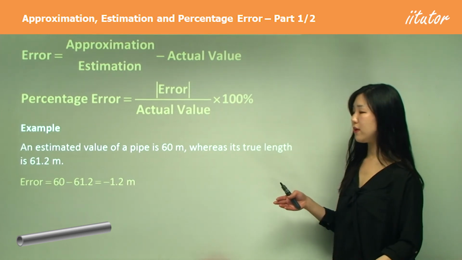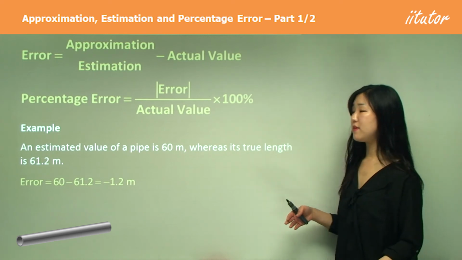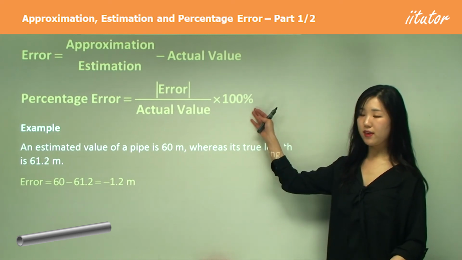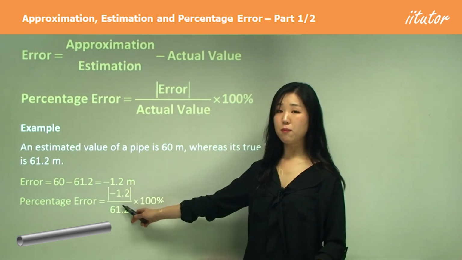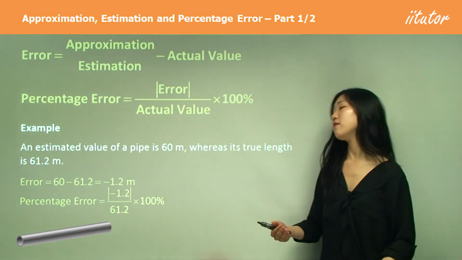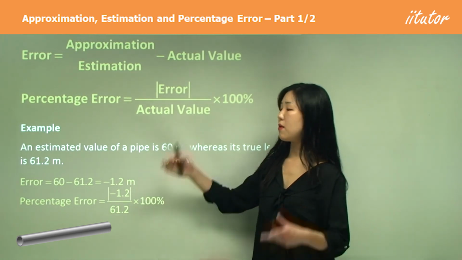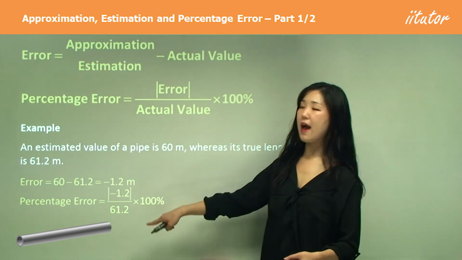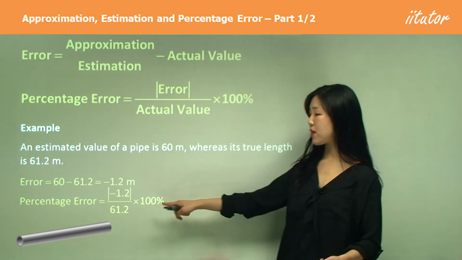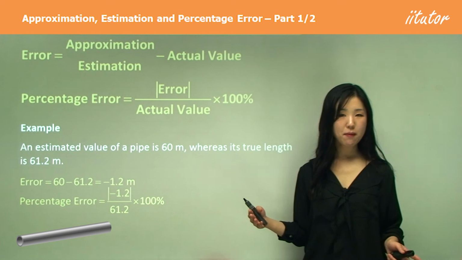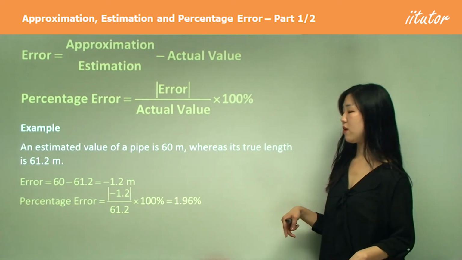Now I want to find the percentage error, so I'm going to put it into this formula here. Make sure you put absolute bars around the negative number, because we always want it to be positive. So it's negative 1.2 in absolute bars over the actual value. The actual value, the true length, is 61.2. We put that on the denominator and multiply by 100 and you should get 1.96%.